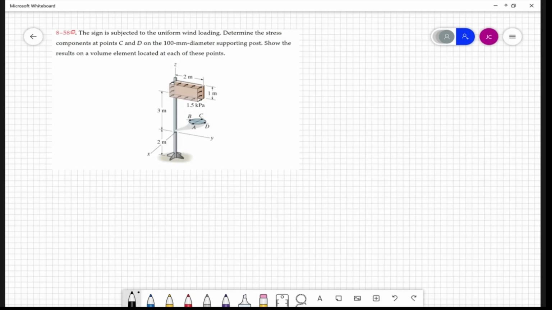It's some sort of sign cantilevered off of a post with a uniform wind loading. They give it as a pressure, 1.5 kilopascal acting on that surface. And they want you to figure out the states of stress, the stress components, acting at points C and D on this cross section. Of course, you could also do them at A and B as well. And it's really not a bad exercise to go through that stuff, okay?